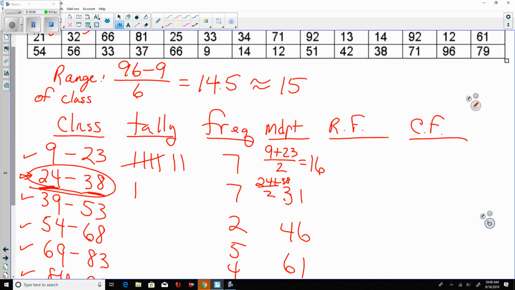Class width, way up here, look. Your midpoint should always go up by the class width. If it doesn't, that's how you could tell you did one of the classes wrong. But what stinks is you don't do the midpoint till here, and so if you already did the tally of frequencies, like, oh my God, I did the classes wrong, now you got to start all over again. It happens.